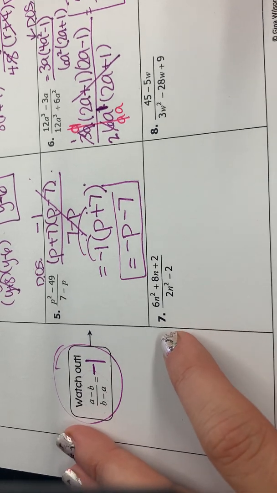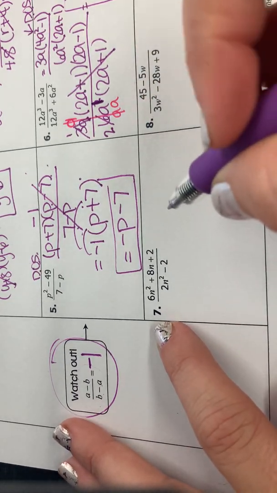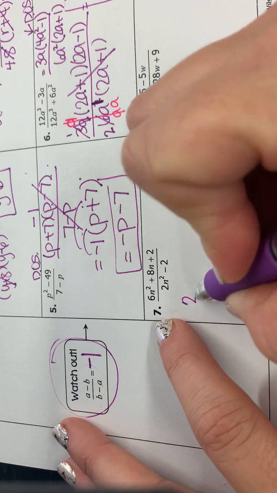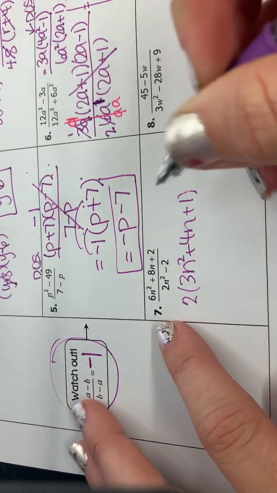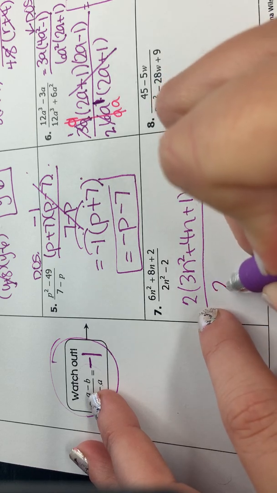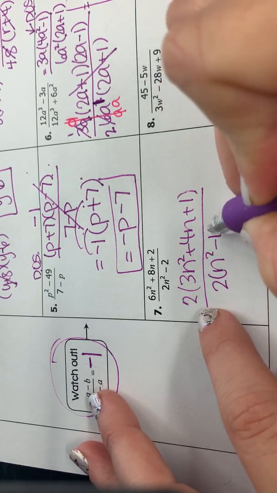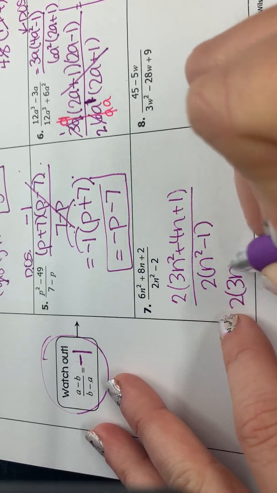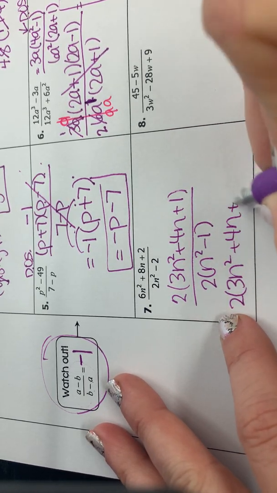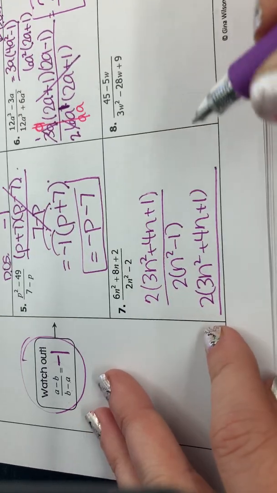Okay, on number 7, and guess what I'm going to do to kind of speed things up? I'm going to factor these because we should be pretty good on our factoring. And I don't want these videos to take super long. It is Algebra 2, and sometimes they are a little lengthier.